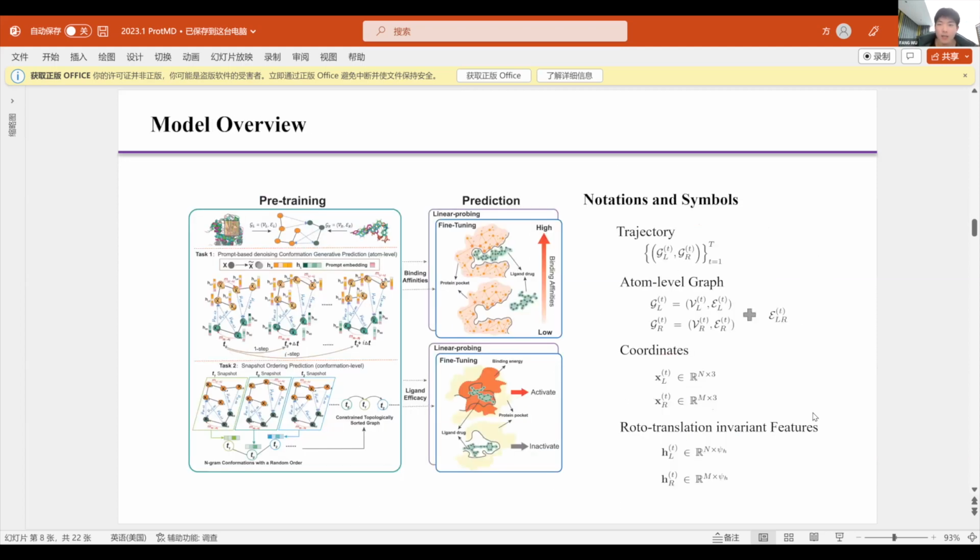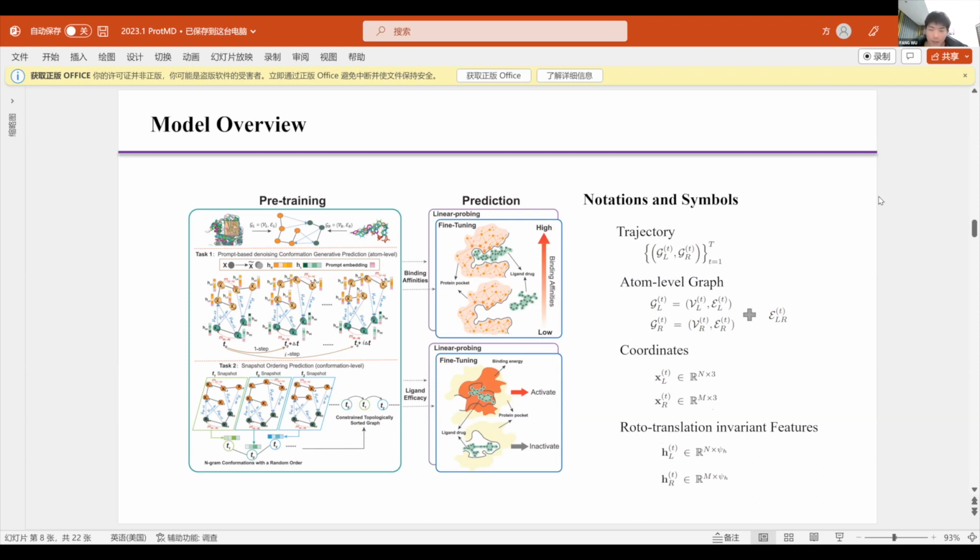Okay, so let me give you an overview of our model. On the left is the overview figure, and just to give you some notation and symbols. First, we run the MD simulations using some software, and we get the trajectories, which consist of the ligand graph and the receptor graph from t equals 1 to t equals T. At each time step, you have the atom-level graph of the ligand and the receptor graph.